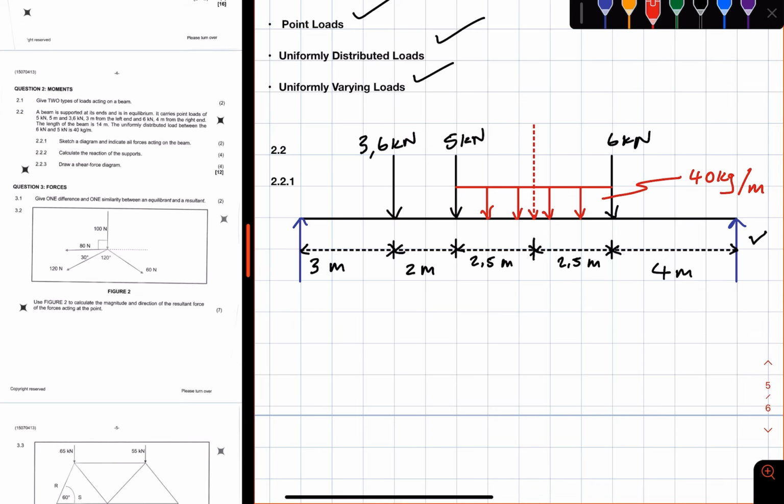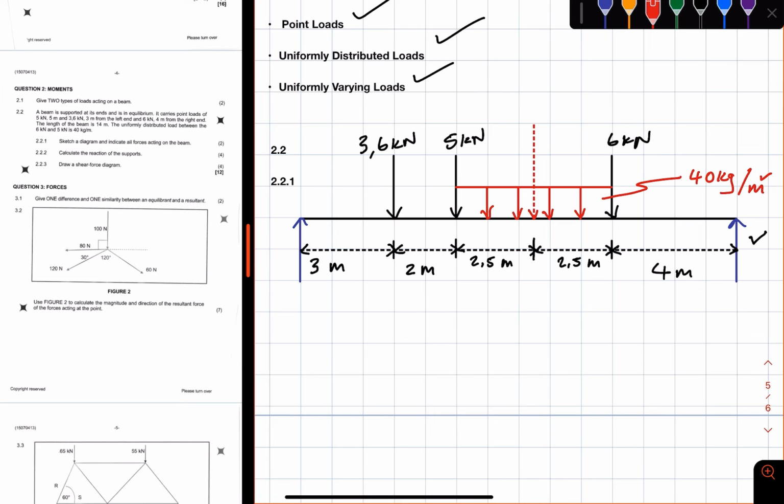So in order to do that, they've given us 40 kgs per meter. So to resolve that into the UDL's weight, we're going to have to multiply the mass by 9,8 and then also multiply that by what? By the span of the beam, right? So when you multiply the UDL with the span of the beam, then we get the weight, because the span of the beam cancels with this M here, right?